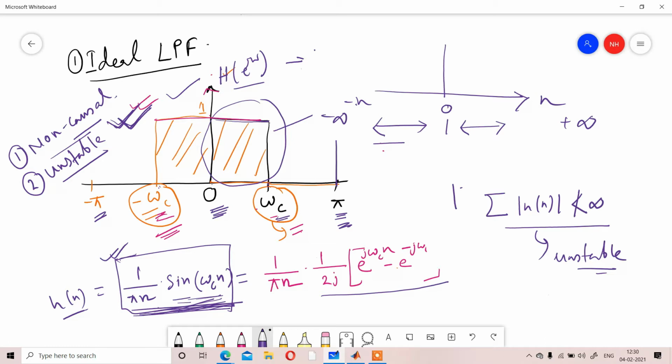Okay. So I think it is clear to all of you that an ideal low pass filter is non-causal and unstable. That is the reason we cannot use the ideal low pass filter for filtration, because our system must be causal and stable.